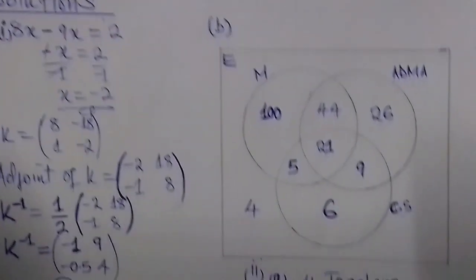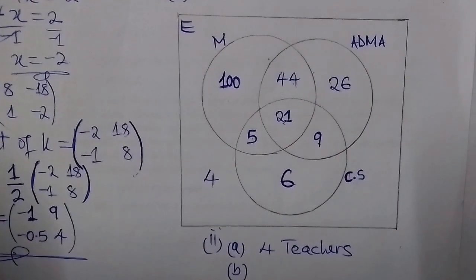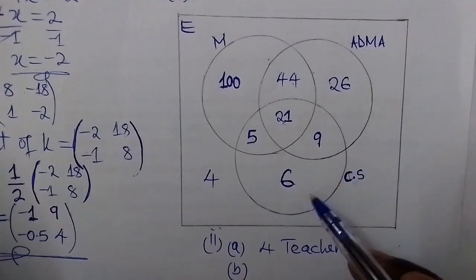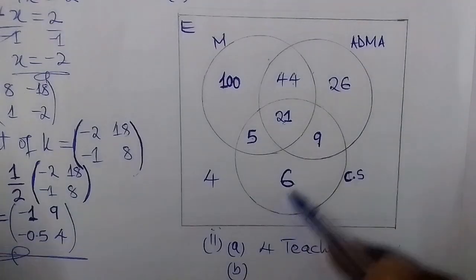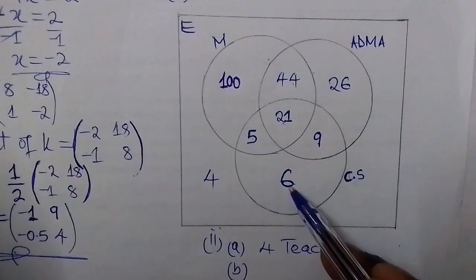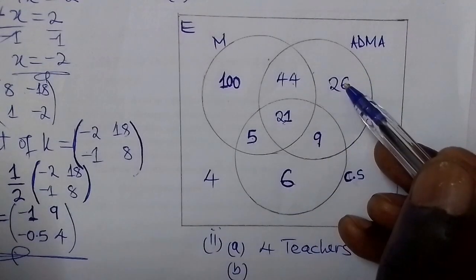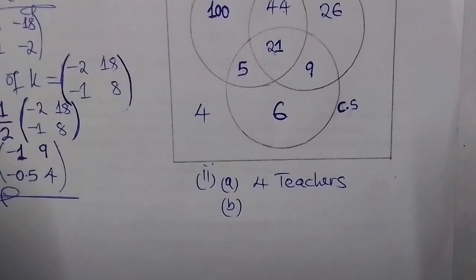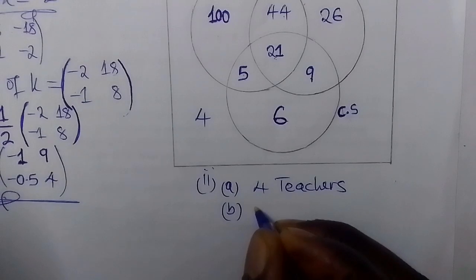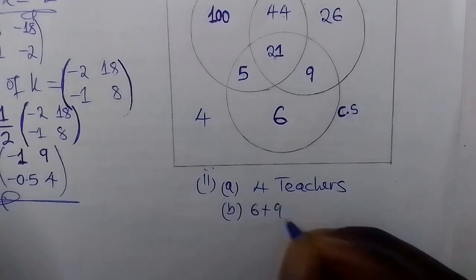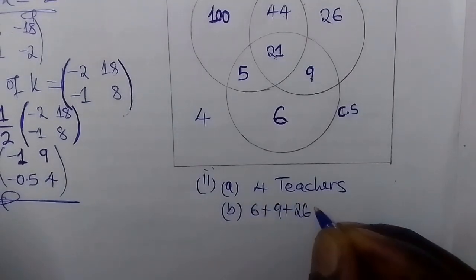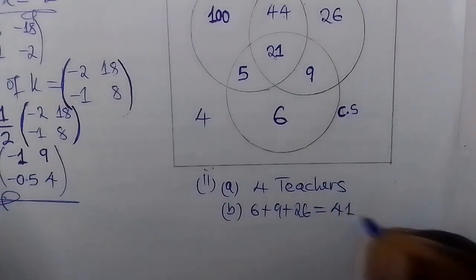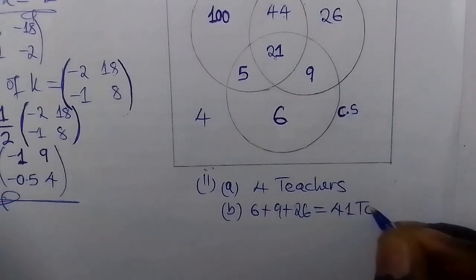So if you look at the complement of mathematics, so meaning outside mathematics, and the union of computer studies and additional math, so we are looking at these 3 numbers. So 6 plus 9 plus 26. So what do we get when we add these numbers? So we are going to have the following: 6 plus 9 plus 26 gives us 41. So this is 41 teachers.